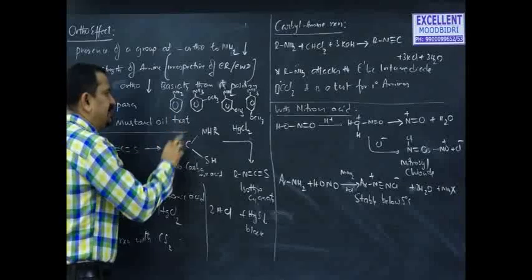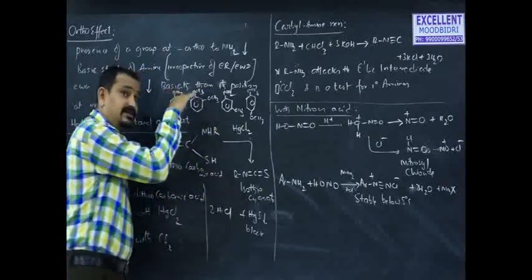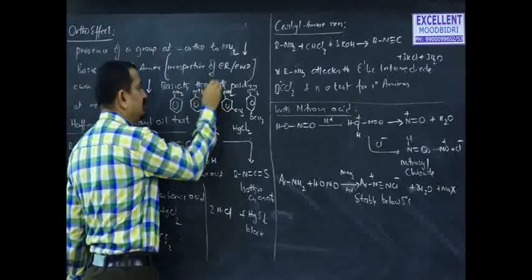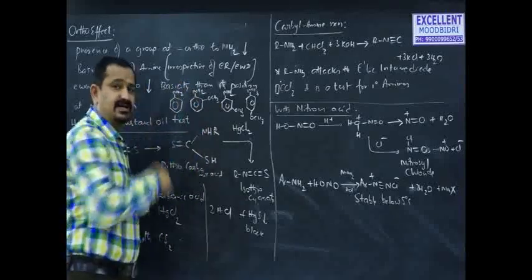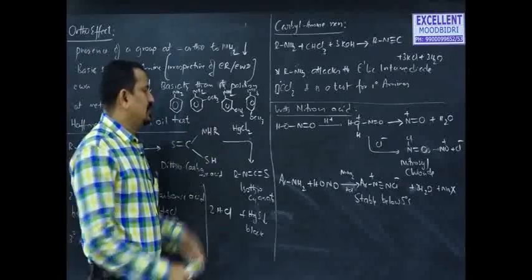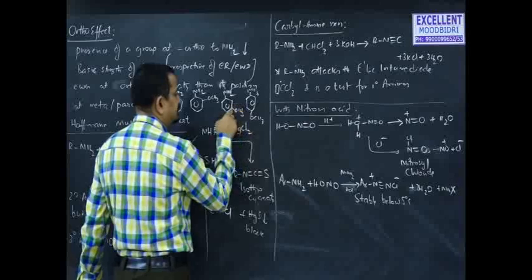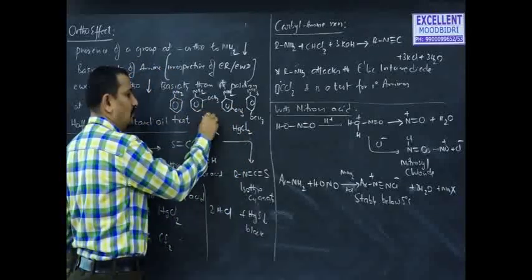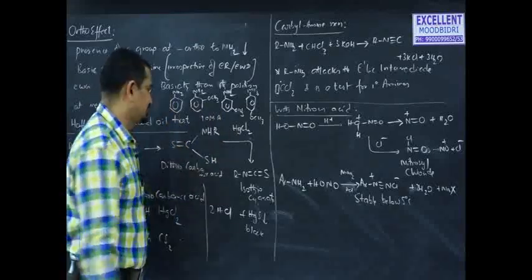Now usually due to an electron releasing group, the anilinium ion, which is the conjugate acid of this NH2, will be stabilized, yes or no? According to the mesomeric influence, para is more influencing than ortho than meta. So para, ortho, meta, aniline, this should be the sequence.